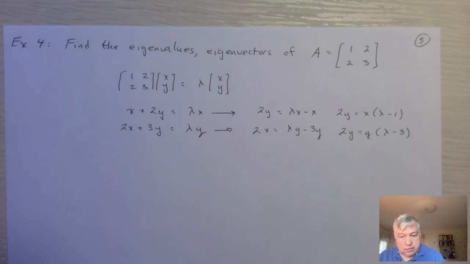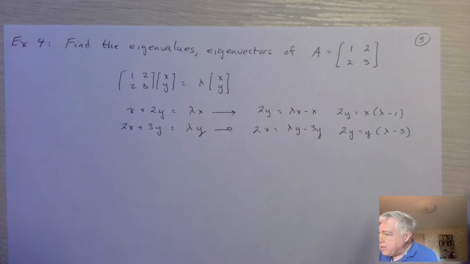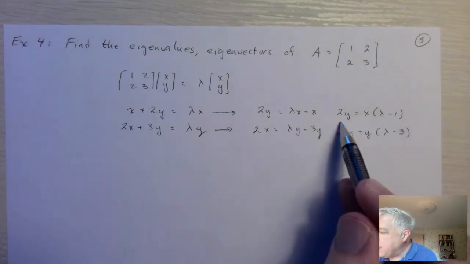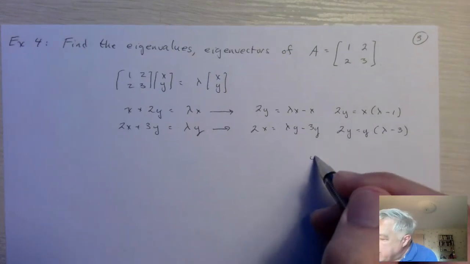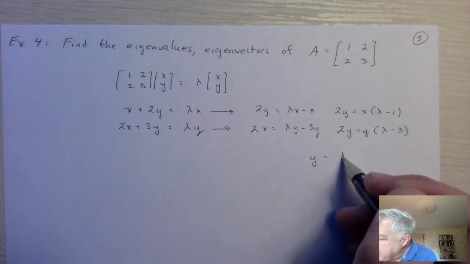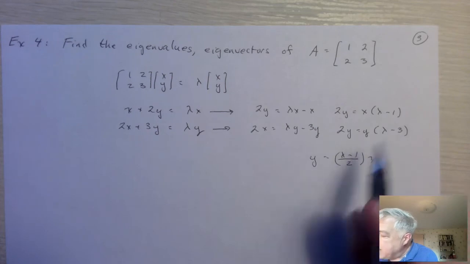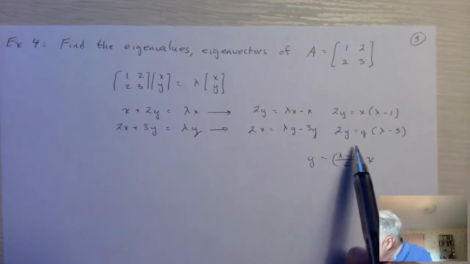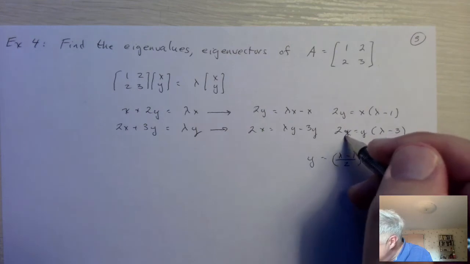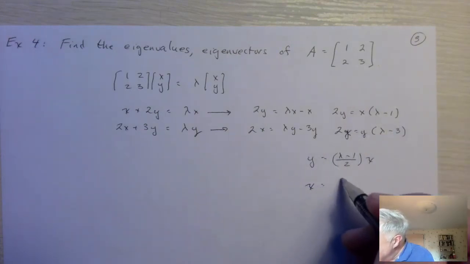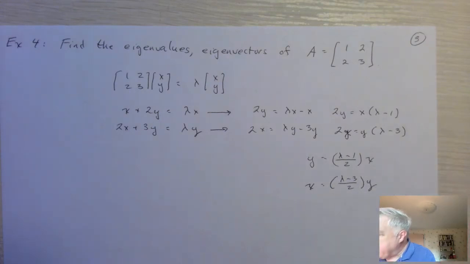All right. So now let's see if we can write these together. By the way, we can take this first equation, divide by 2, and we'll get y is going to be (lambda minus 1) over 2 times x. And take this equation right here, this should, by the way, be an x here. Divide both sides by 2, and we'll get x is (lambda minus 3) over 2 times y.